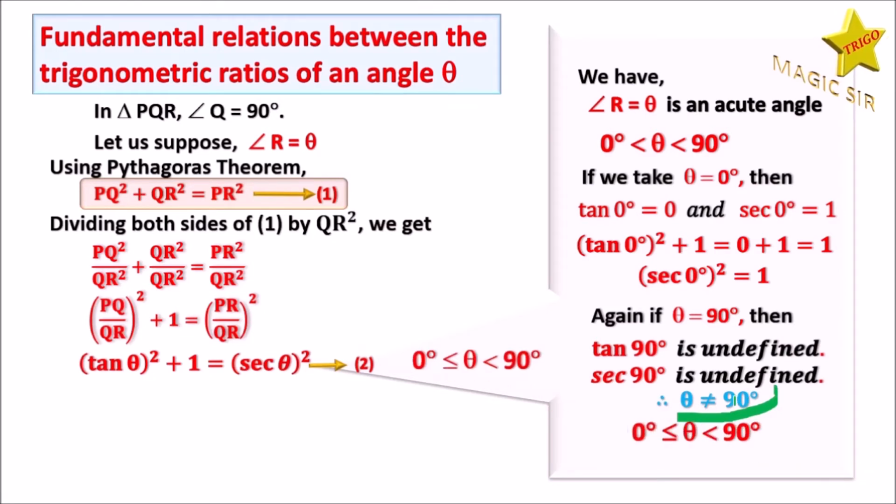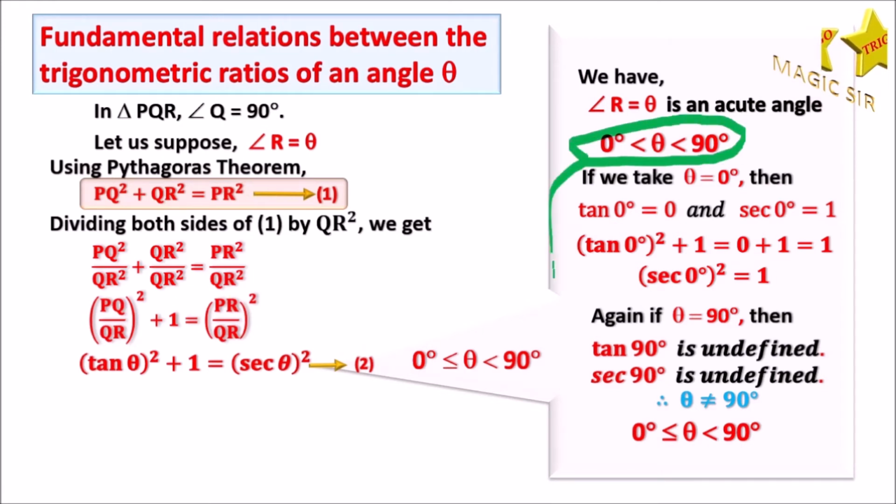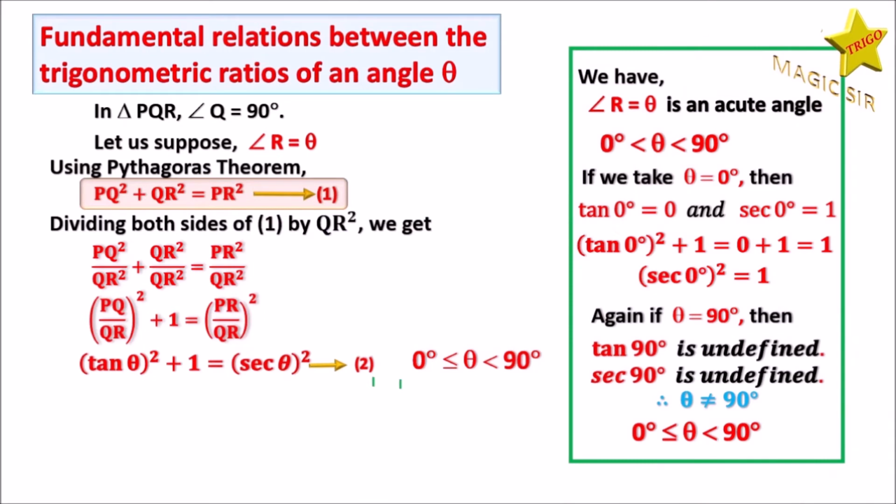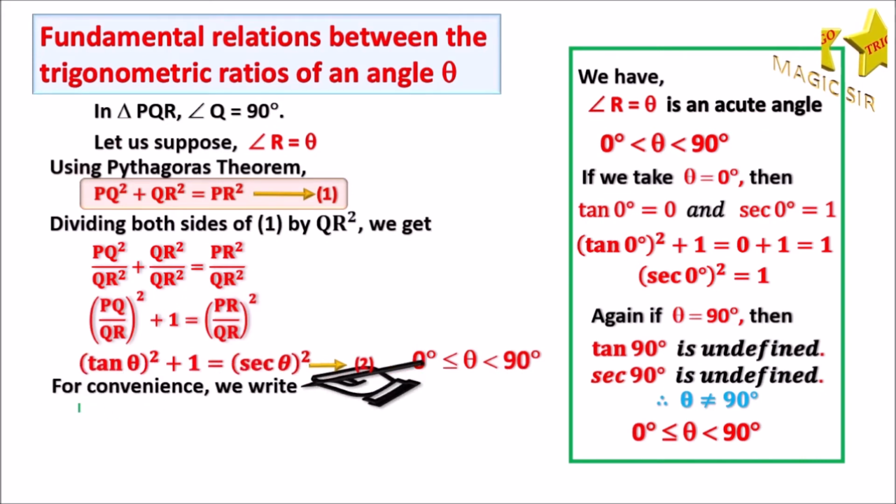Hence we have shown that 0 degrees is less than theta is less than 90 degrees, where theta can be equal to 0 degrees. So we write 0 degrees is less than or equal to theta, but theta is not equal to 90 degrees. So we write theta is less than 90 degrees. Therefore, (tan theta)^2 plus 1 is equal to (sec theta)^2, where 0 degrees is less than or equal to theta is less than 90 degrees.